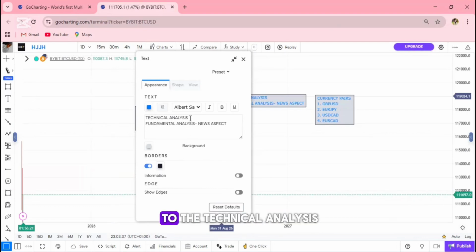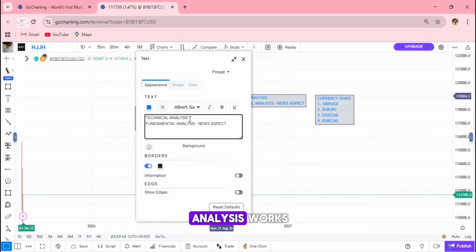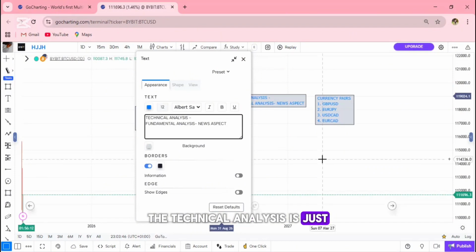But when it comes to technical analysis, how does it work? Technical analysis is just using the tools provided on the app or on TradingView and other apps to analyze your chart, to predict or anticipate where price is heading to.